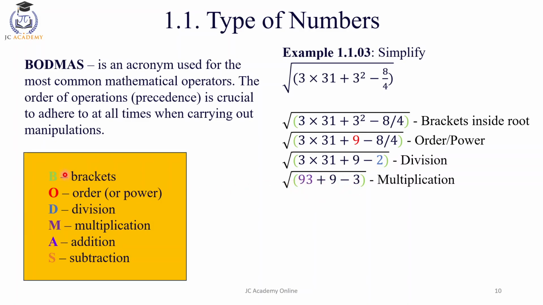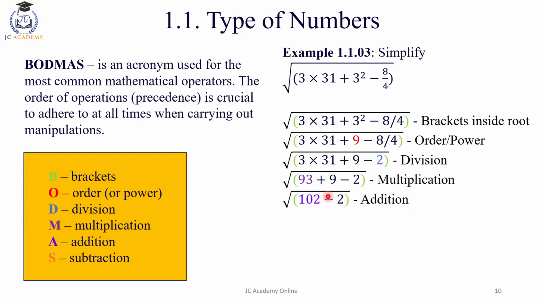Now at this stage, we go through BODMAS again. Are there any brackets? Yes. There's no order. There's no division. There's no multiplication. Are there any addition? Yes, there is addition here. 93 plus 9. So let's do the addition. 93 plus 9 equals 102. And then we have, what we have is a typo here.